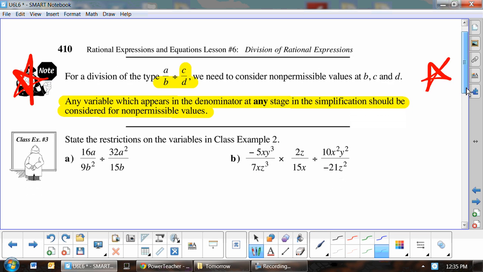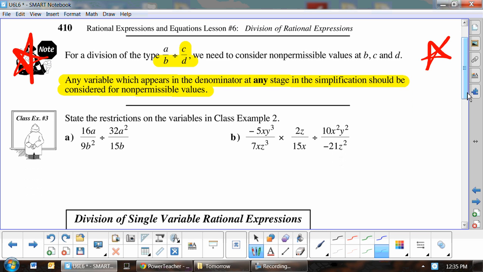Okay? So for example, in example number 3, we would have to look at this, this, and this, and say that A and B do not equal 0. In B, we'd say this, this, this, and this. Okay? So we'd get 7.